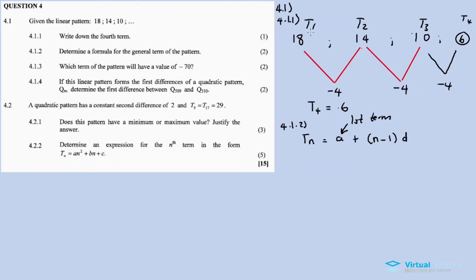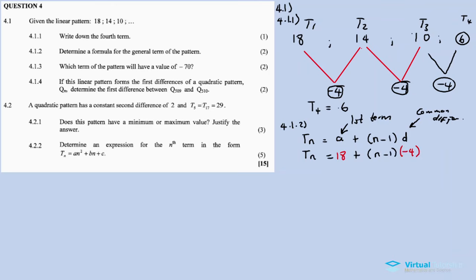The first term is 18, so A is 18, and D is the common difference, which is negative 4. I just substitute and then simplify. Then Tn is equal to 18 plus, and then D is negative 4. I just substituted, and then you multiply by the negative 4 inside the bracket.